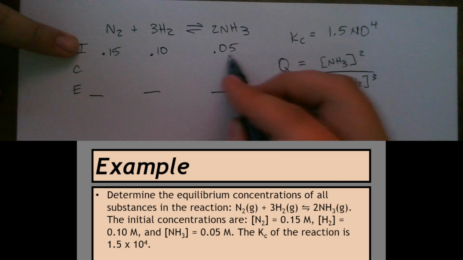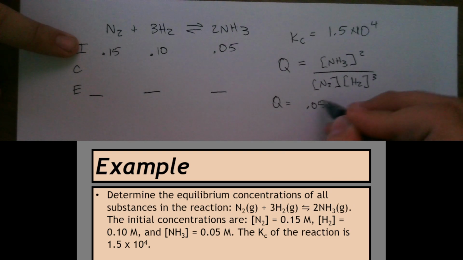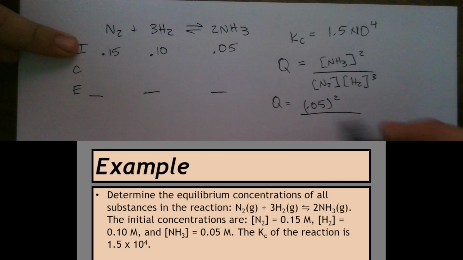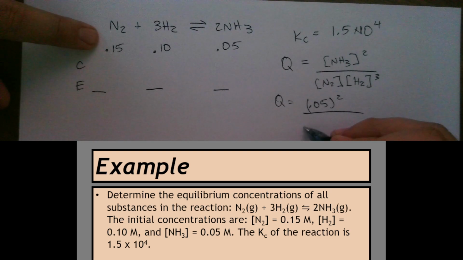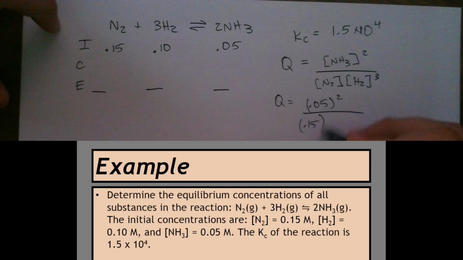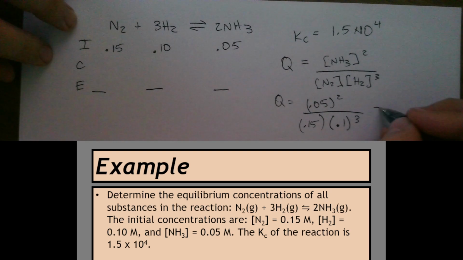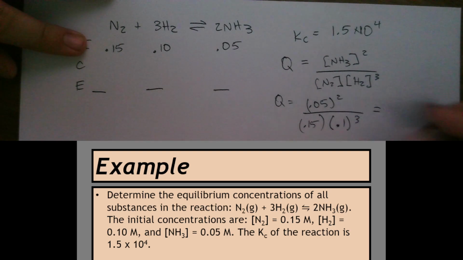So I'm going to plug in my initial NH3 is 0.05 squared over N2 is 0.15, H2 is 0.1 cubed. I'm going to plug all this in, and I get 16.7 as Q.